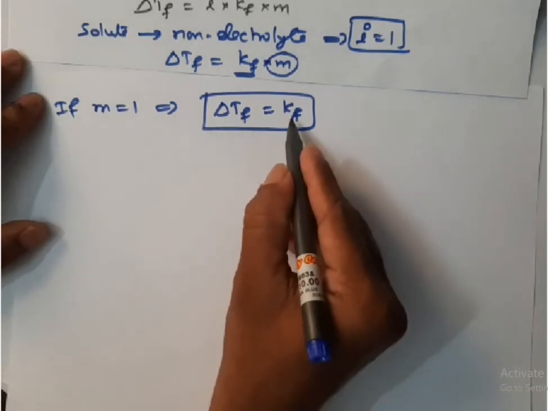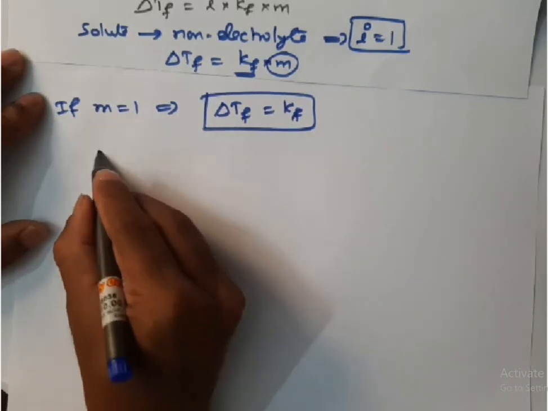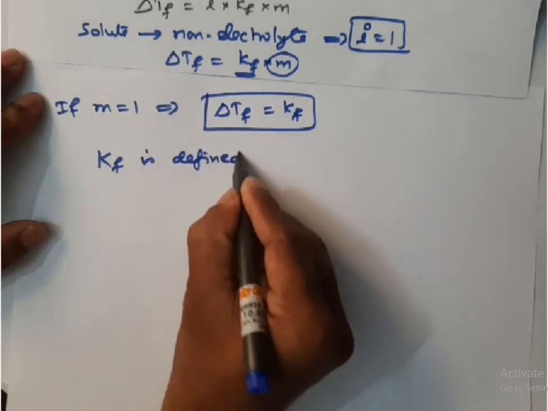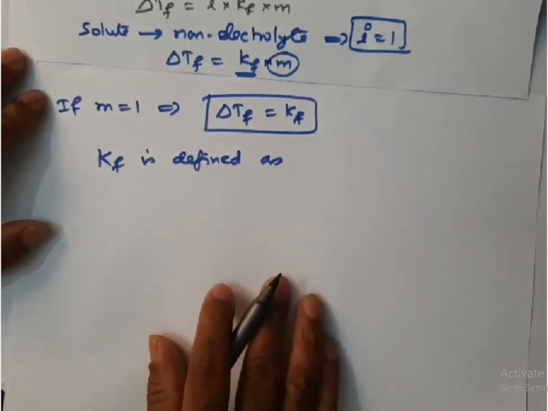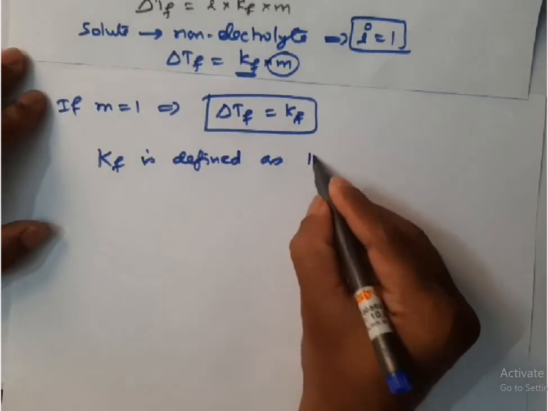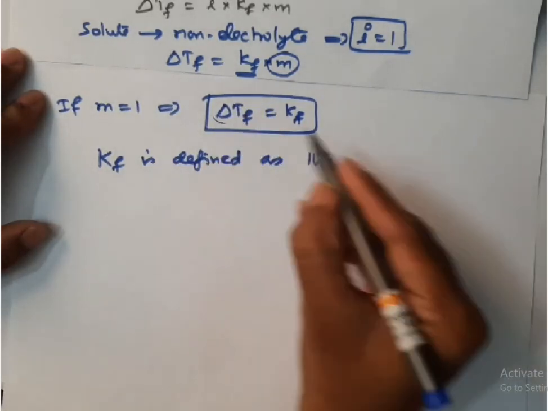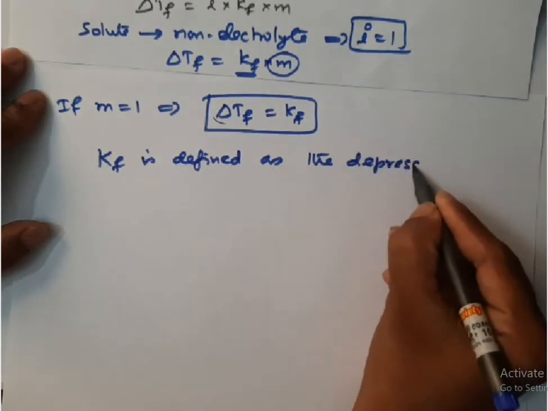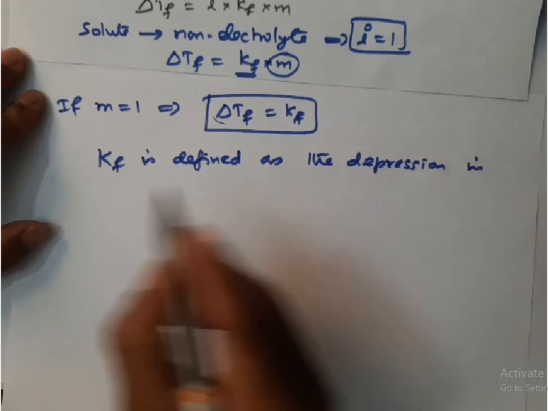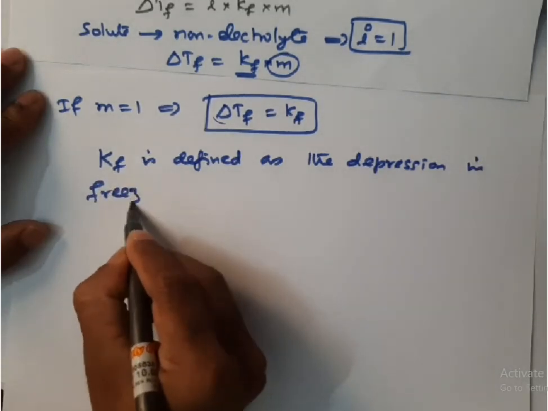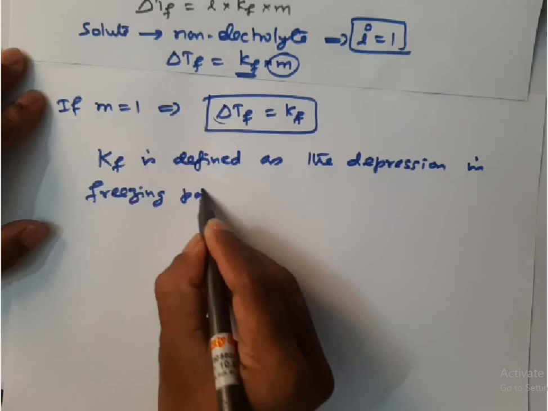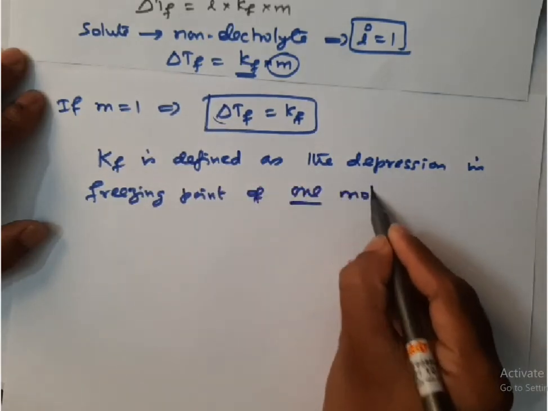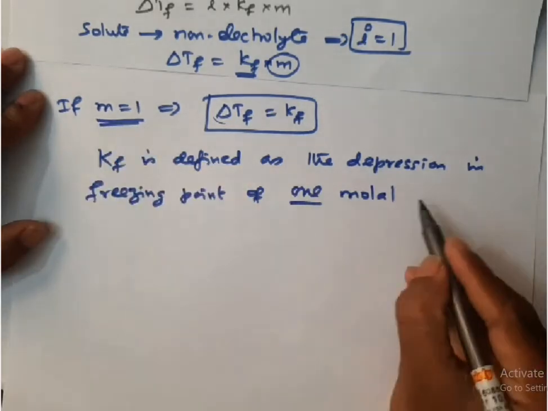So what's the definition for Kf? The cryoscopic constant Kf is defined as the depression in freezing point of a 1 molal solution. Delta Tf means depression in freezing point. We have taken a 1 molal solution, right?